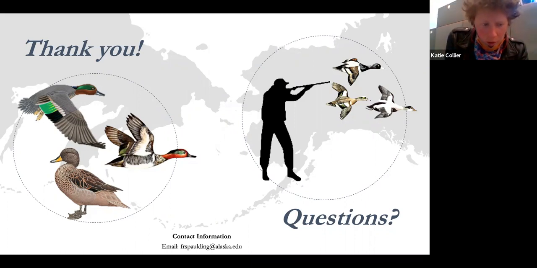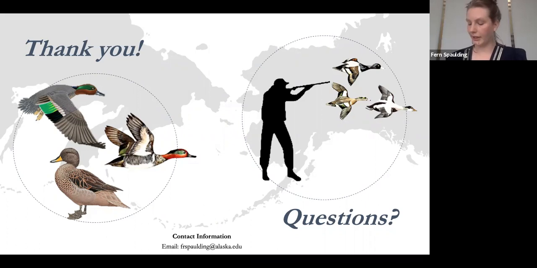With regards to subsistence hunting, even if you're harvesting a high risk bird, are there any protective mechanisms that you could put out there to lessen the risk of contracting avian influenza in processing and handling the birds, even if you do have to take a higher risk species? Yeah, so actually the Alaska Department of Fish and Game and even the U.S. Fish and Wildlife Service do put out guidelines for processing and handling of wild game.